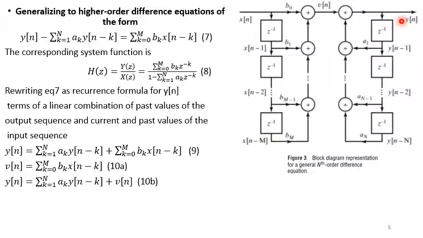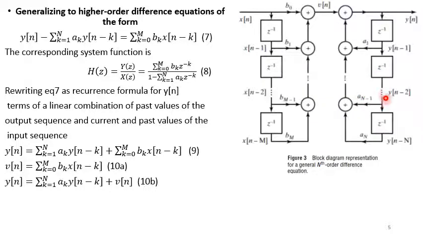Again, for the output, if I delay it by 1 unit, I get y of n minus 1, and I scale it by a factor of a1. Similarly, the next z inverse means we are delaying it by 1 more unit, so it will be y of n minus 2, and so on.